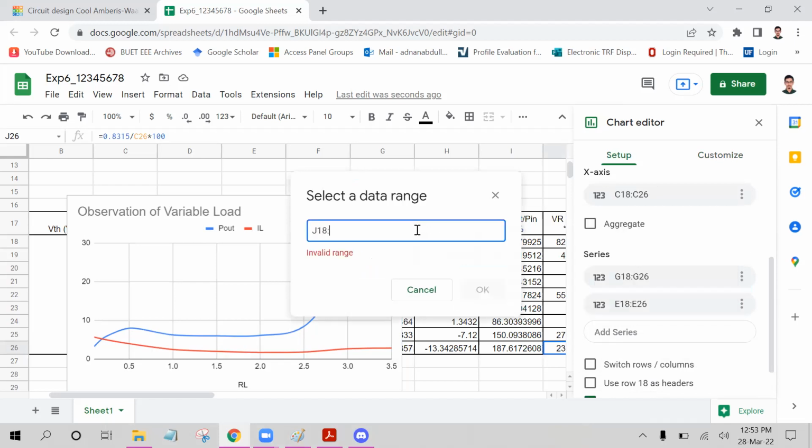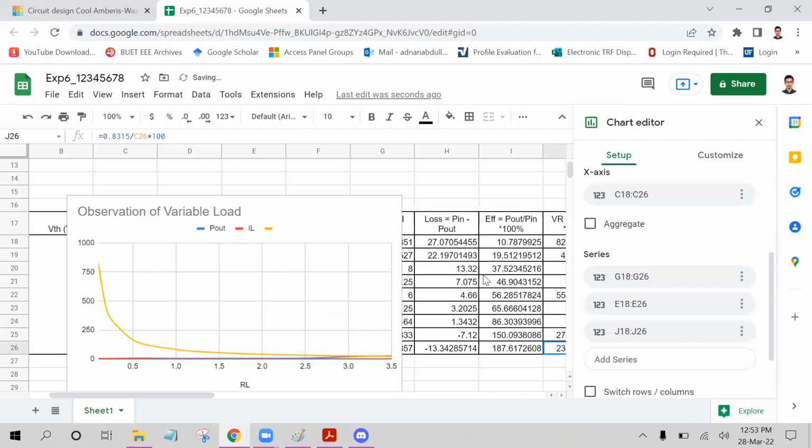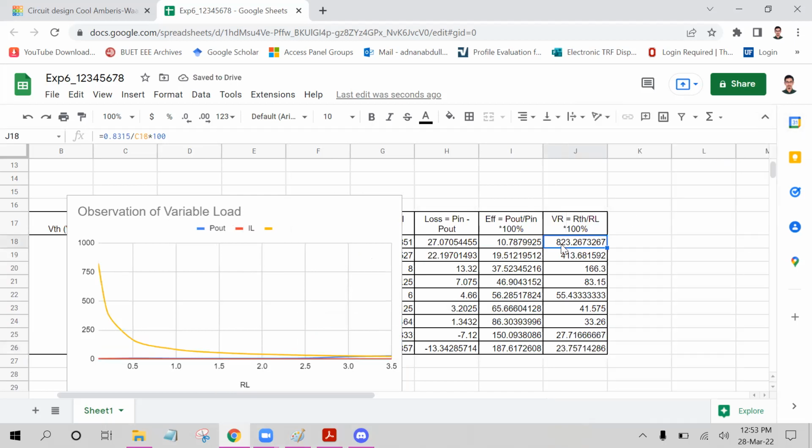Now, as you can see, the voltage regulation values are pretty high compared to others. So when this graph is plotted, all the other graphs almost vanish. I need to zoom in a lot to observe those shapes. So when you are plotting, please make sure that this case doesn't happen.